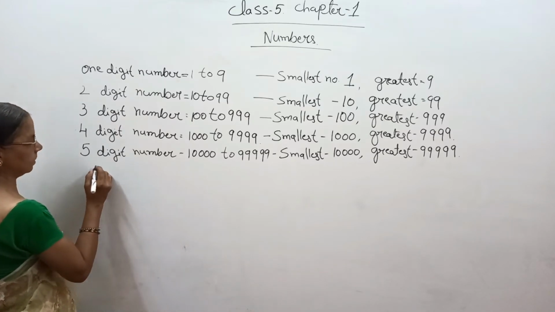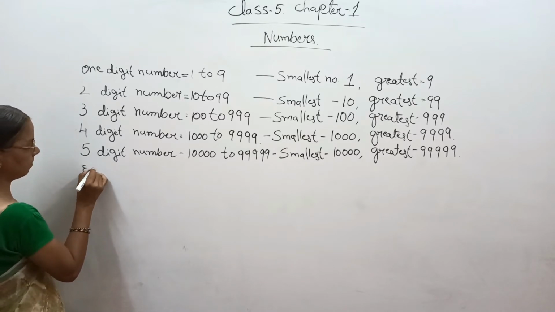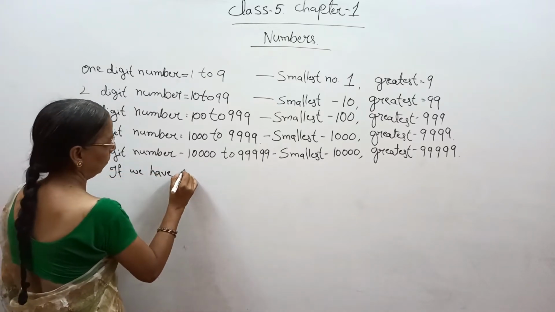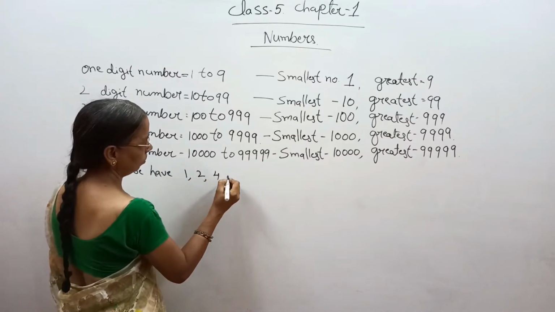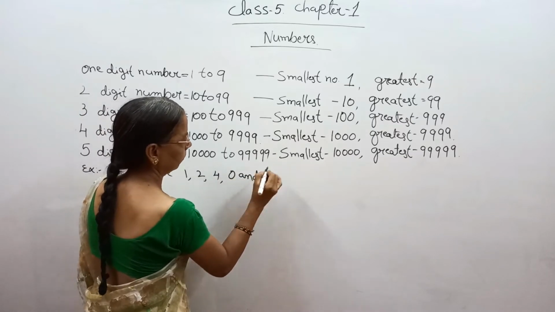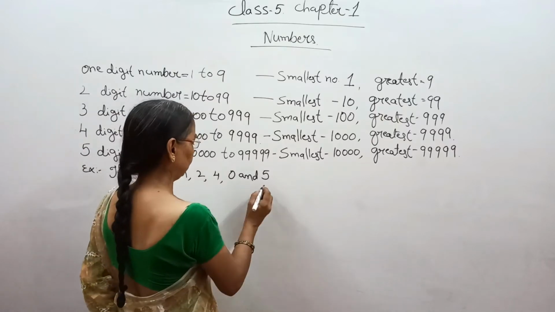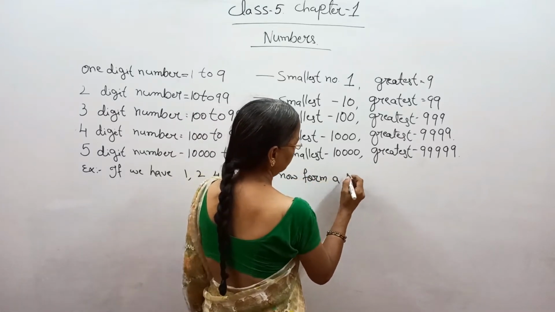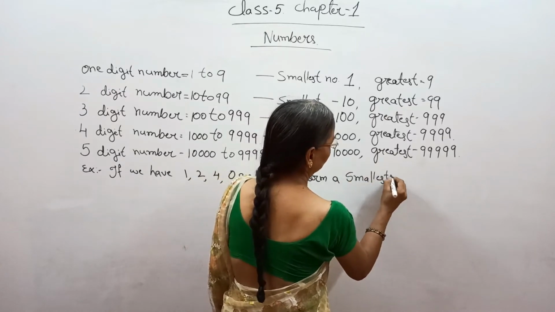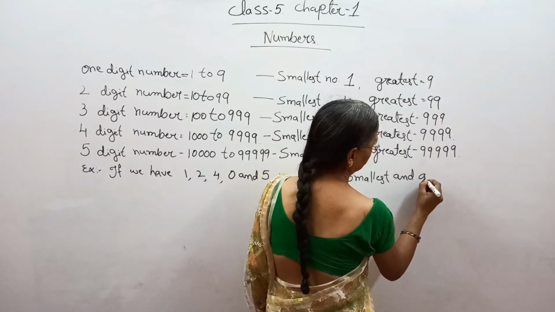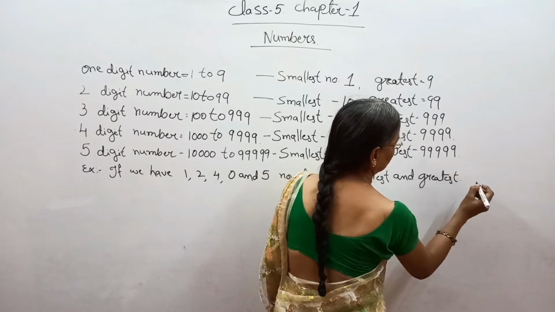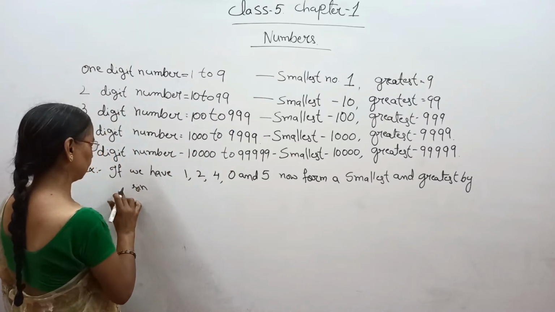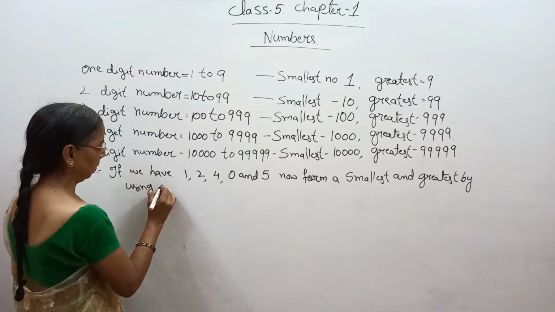For example, if we have 1, 2, 4, 0 and 5, now form a smallest and greatest number by using the given numbers.